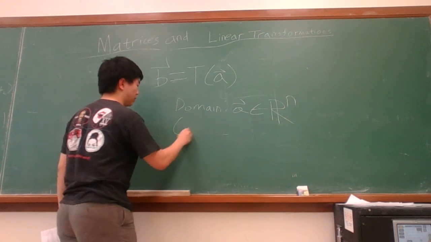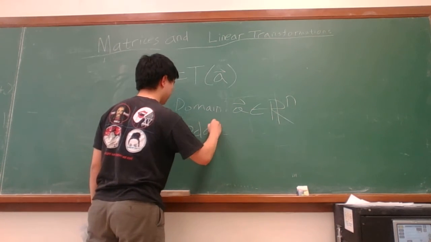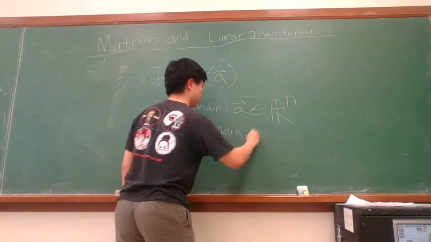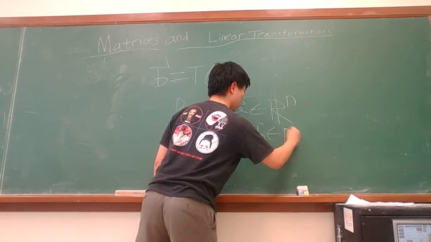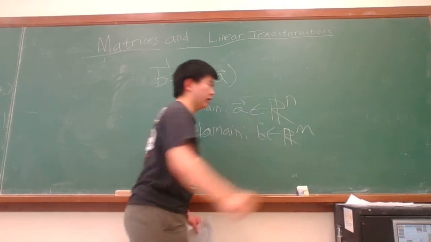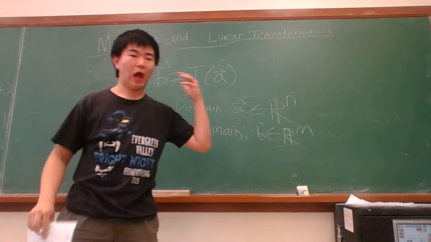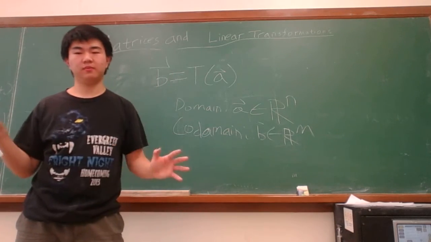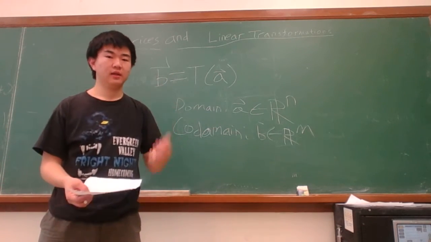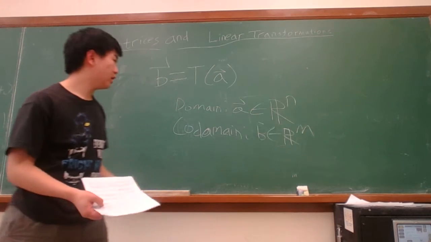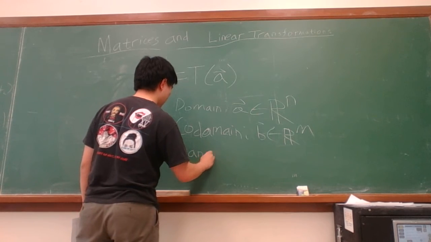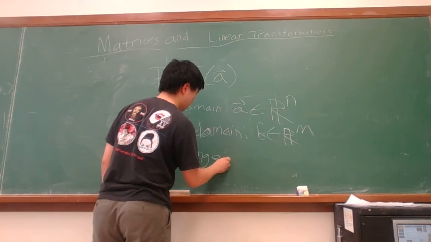And then the codomain is Rm, meaning it will output a vector that exists in Rm, which means it has m sets of data. And then the range we'll get to later.